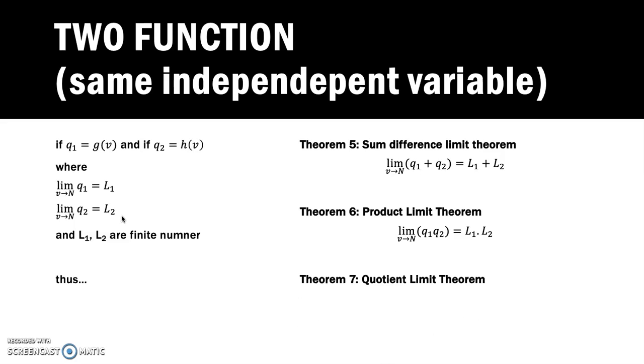And for a quotient function, the limit theorem says that the limit of q1 divided by q2, where v approaches n, is just L1 divided by L2.